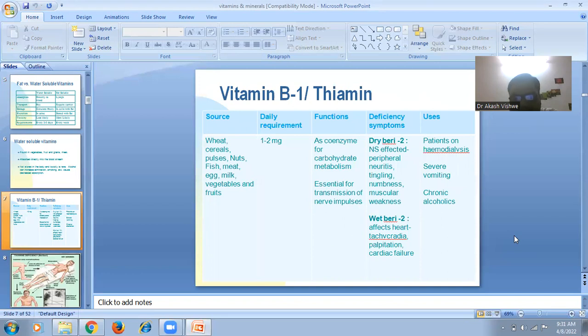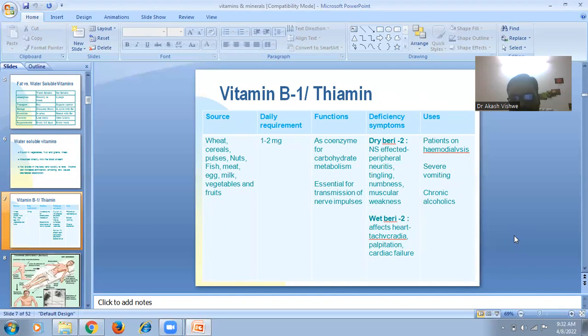Now about the functions of thiamine. It works as a coenzyme for carbohydrate metabolism. It is essential for the transmission of nerve impulses. Now we are going to study the deficiency symptoms of vitamin B1. There is occurrence of a specific disease known as beriberi.